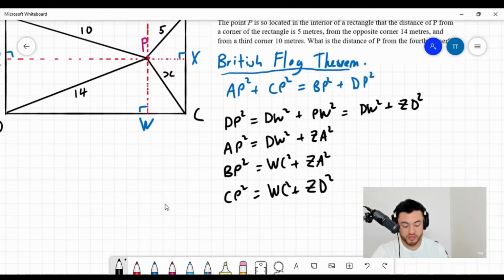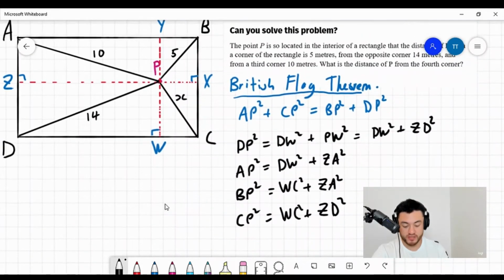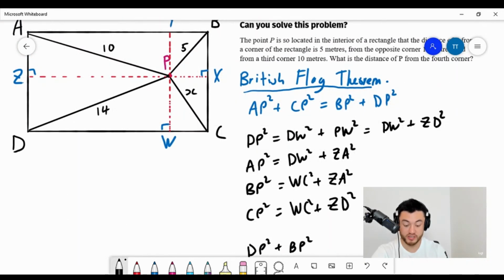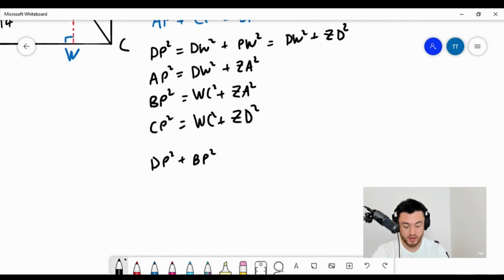So now what I want to do is add each of those opposite lines going from P. So if we take DP squared plus BP squared, okay, so that's the two opposite corners. That is going to be, directly just taking what we have above, DW squared plus ZD squared plus WC squared plus ZA squared.